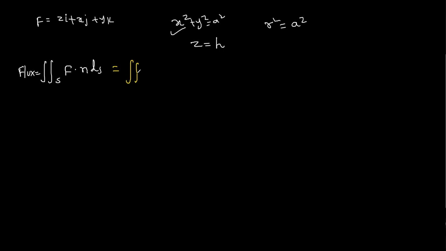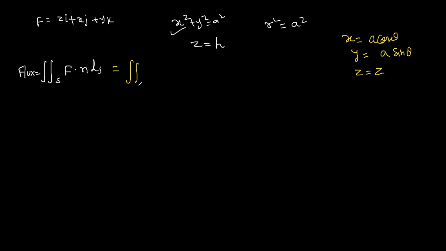And you know for the cylinder, x is equal to a cos theta, y is equal to a sin theta, and z is equal to z.